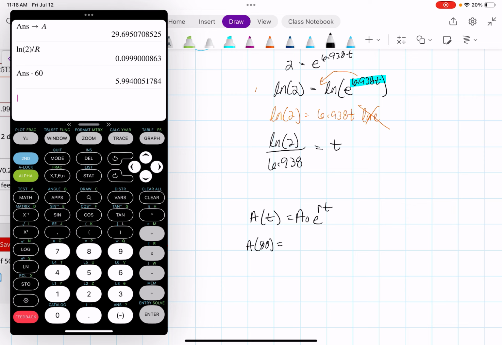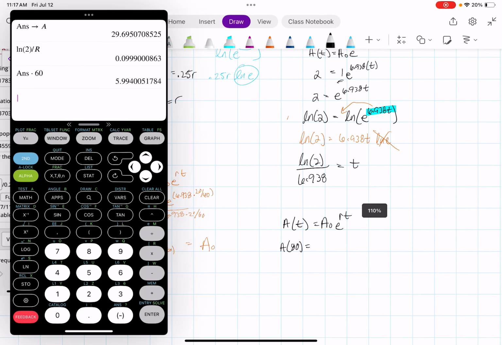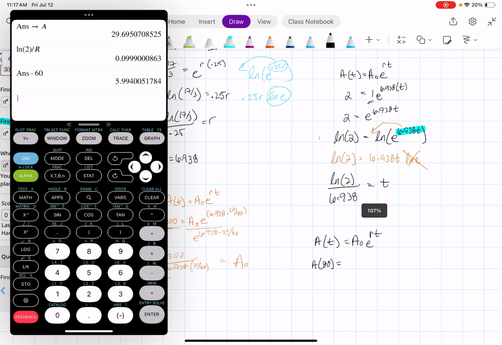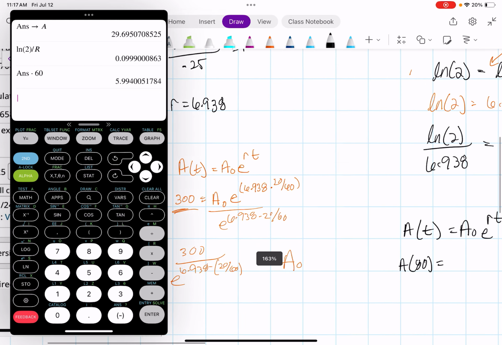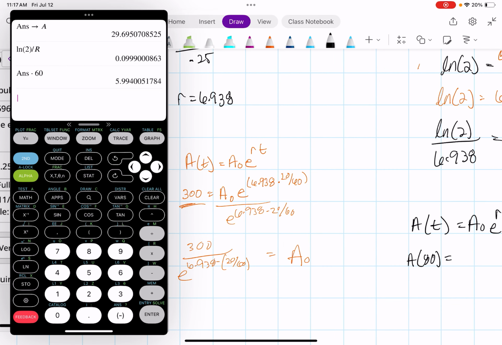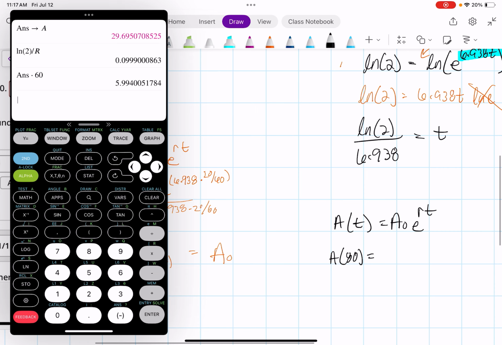Well, a sub 0, remember, what was the initial amount? We found that previously. It was the 29 number. It was this number right there. So we'll plug that in as a sub 0, 29.695 is how I write it.